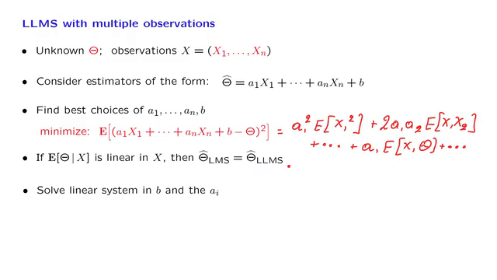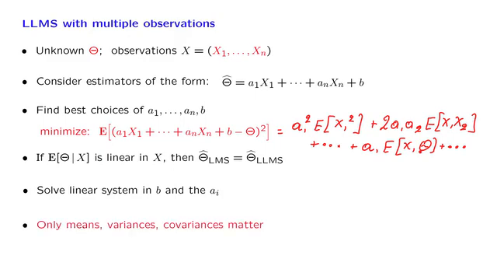The next observation is that this expression only involves expectations of various terms that are second order in the random variables involved. So it involves the expected value of x1 squared, it involves this term which has something to do with the covariance of x1 and x2, this term that has something to do with the covariance of x1 with theta. But these are the only terms out of the distribution of the x's and the theta that will matter.